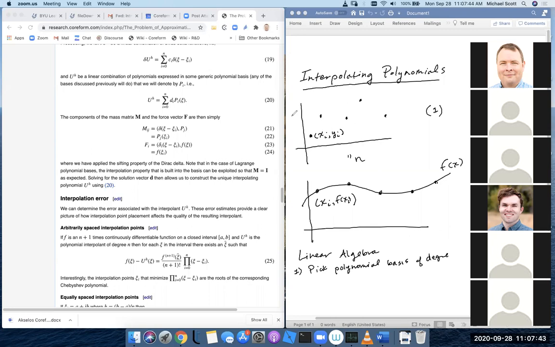Let's say I give you n minus 1 points. That's how much information I give you. Then you have to pick a polynomial basis of degree n. Is that right, or do I have that wrong? Let's see, it's the other way around, I think. Okay. Pick some points.